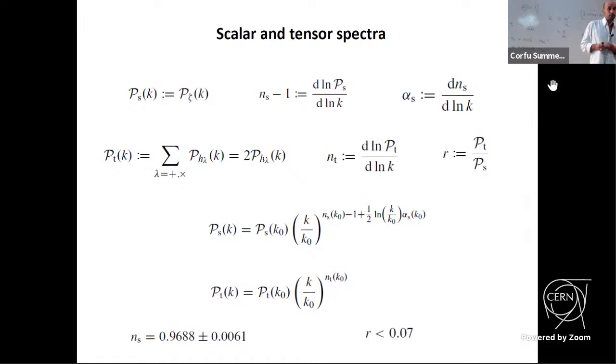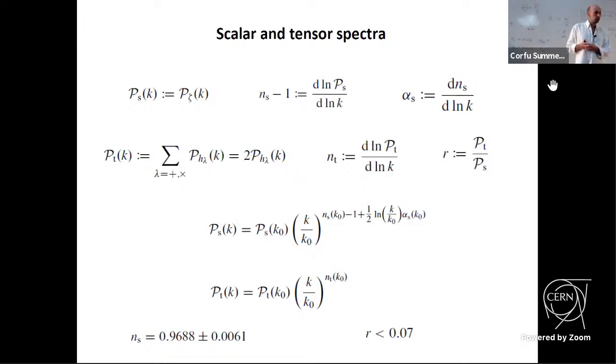This was a great achievement, confirmed first by WMAP, because it created a challenge to explain why we are so close to Harrison's spectrum, but quite probably away from it. Okay, so this is another question mark. Why are we close to Harrison's spectrum, but without reaching the perfect scale invariance?